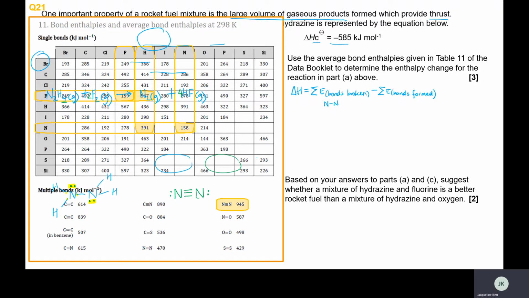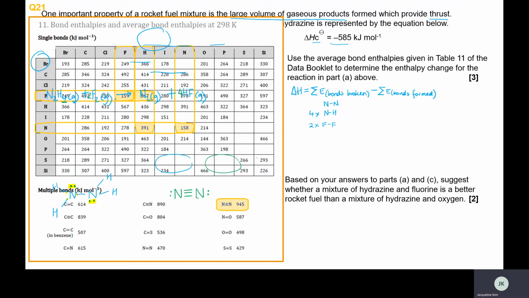We've got nitrogen-hydrogen bonds. In fact, we've got 4 lots of those. And we don't forget that we're actually going to break the fluorine, so there are also 2 fluorine covalent bonds there as well, because we're going to break apart that fluorine gas.